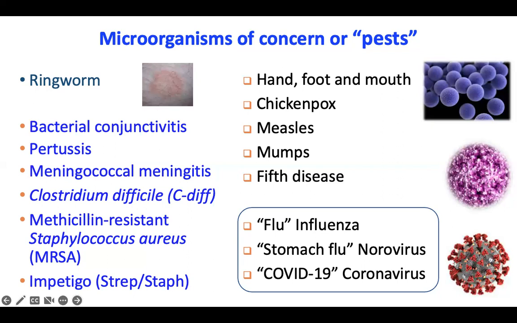And C. diff is also a big concern because it can cause diarrhea and colitis, which is an inflammation of the colon. It's estimated to cause almost 500,000 infections in the United States each year.